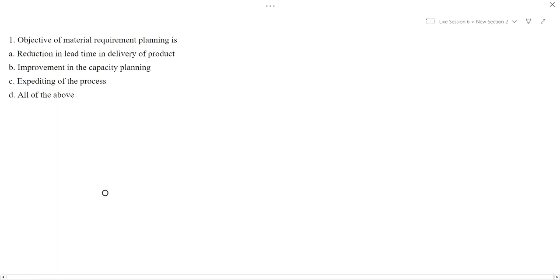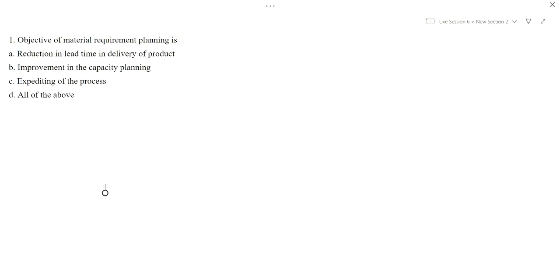The objective of material requirement planning is which: reduction in lead time and delivery of the product, improvement in the capacity planning, expediting of the process, all of the above. So there are three big objectives which are realized through material requirement planning. Firstly, it helps in reducing the inventory. Secondly, it reduces the delays in production or reduces the lead time related with the deliveries of the item to the customers.